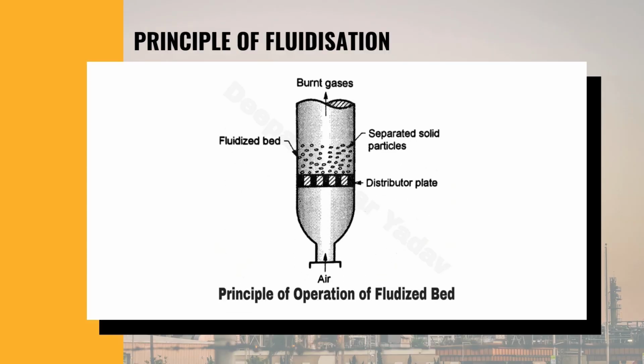If sand particles in a fluidized state are heated to the ignition temperature of coal and coal is injected continuously into the bed, the coal will burn rapidly and the bed attains a uniform temperature. The fluidized bed combustion takes place at about 840 degrees Celsius to 950 degrees Celsius.